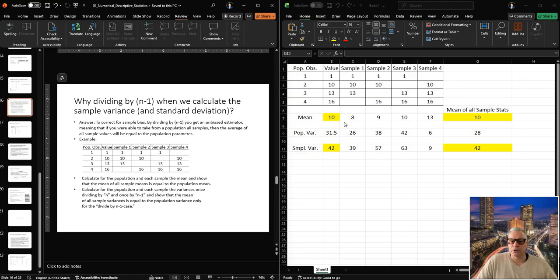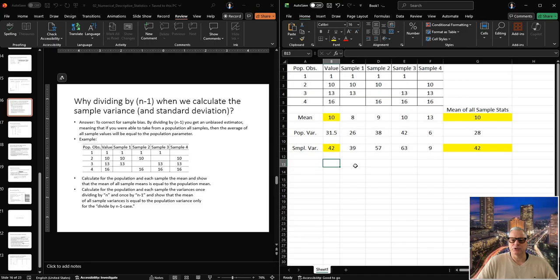Now we know the mean is an unbiased estimator, and the sample variance using the formula n-1 is an unbiased estimator. But the standard deviation, for example, would not be an unbiased estimator, because when I take the square root, that is a nonlinear transformation that will mess things up. So the best thing we can get is a formula for an unbiased estimate of the variance, and that is n-1.